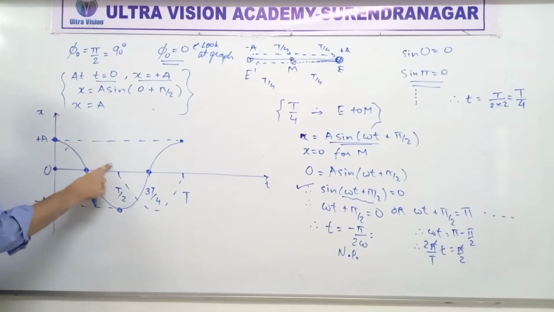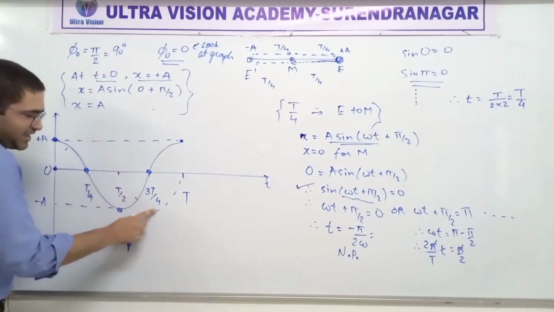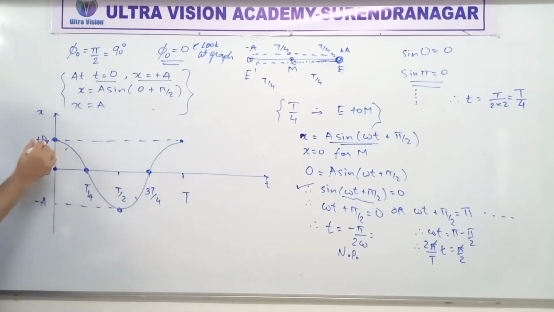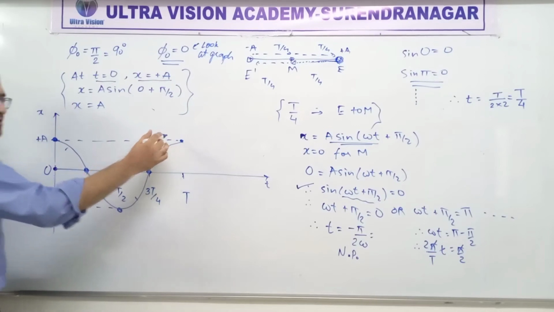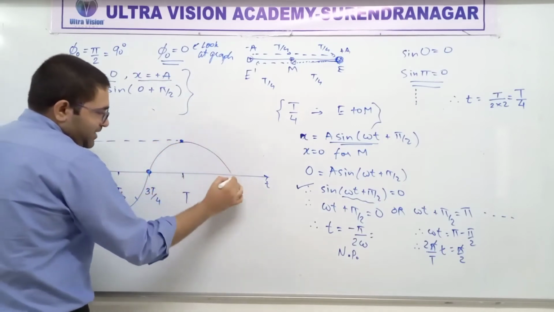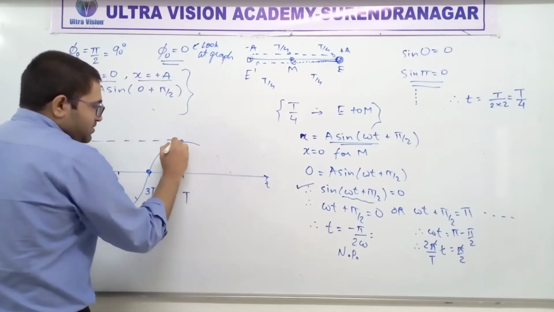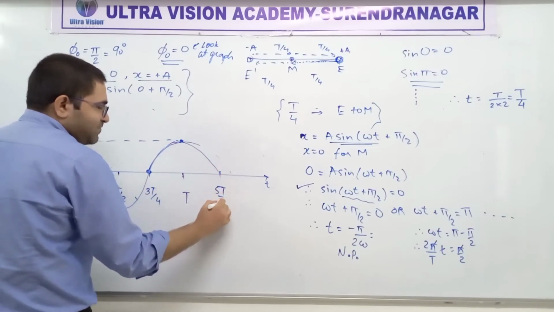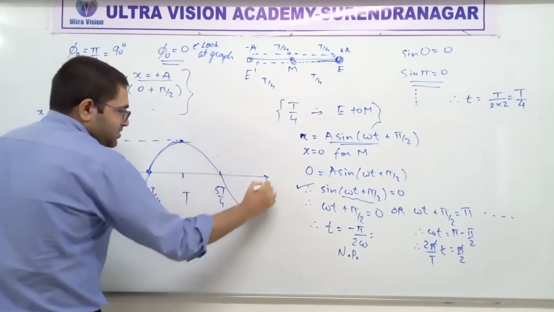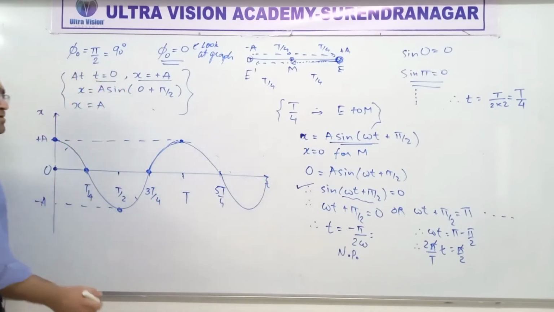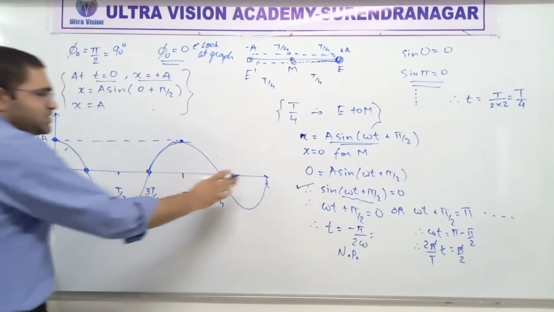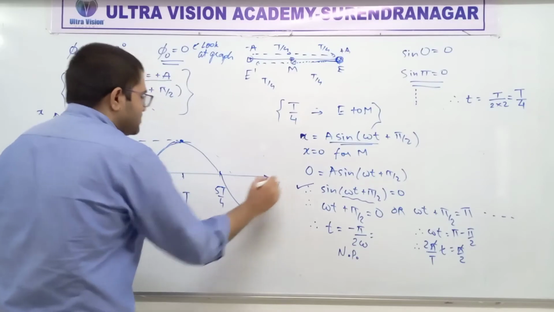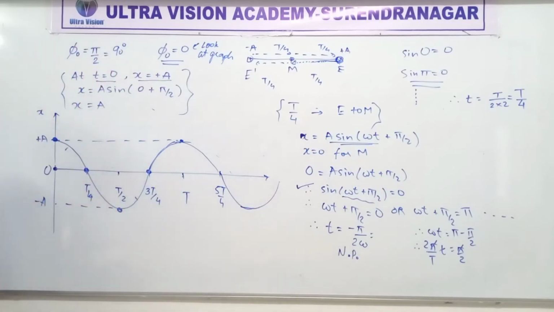Just like that, this graph is starting at x equal to plus a and follows the same kind of pattern. Even further, it will continue like this. Here this time is going to be 5T by 4, and then it's going to be like this. So it will continue to make this wave-like shape.